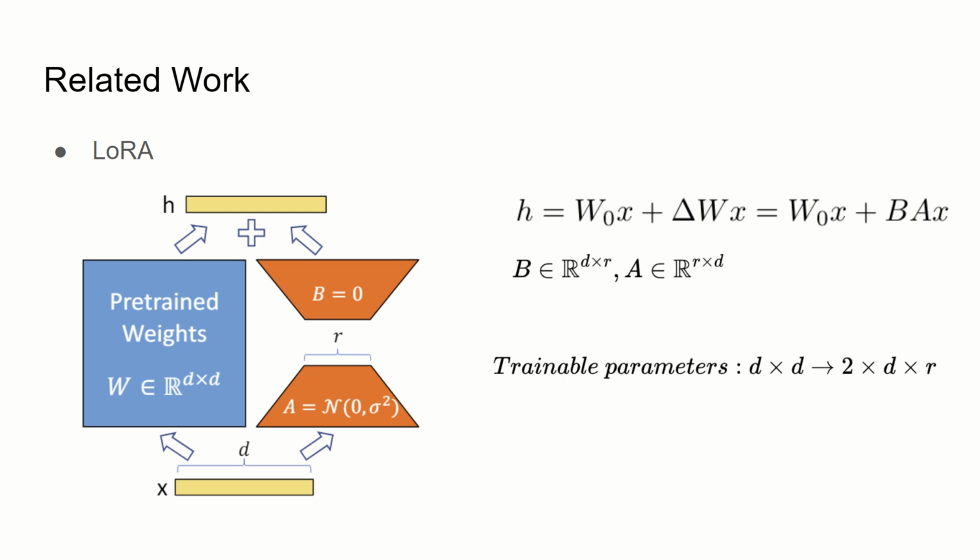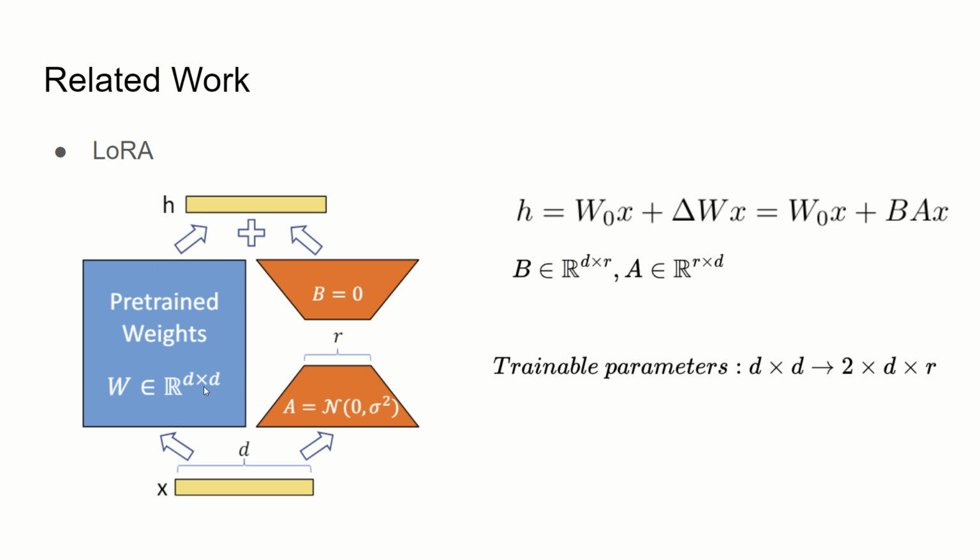LoRA is a technique designed to efficiently adapt large pre-trained models to specific tasks by introducing a low-rank decomposition of the adaptation parameters. This allows for effective fine-tuning with a relatively small number of additional parameters. Take this image as an example. The pre-trained weight has shape d times d.